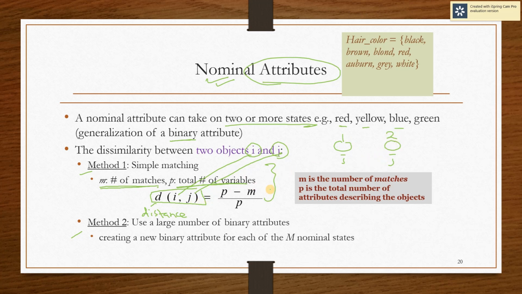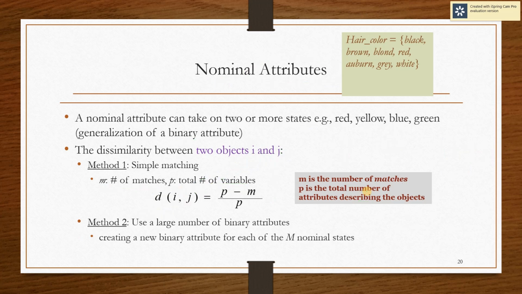The function would be p, the total number of variables, minus m, the number of matches, divided by p. m is the number of matches, p is the total number of attributes describing the object. Attribute meaning the column here.